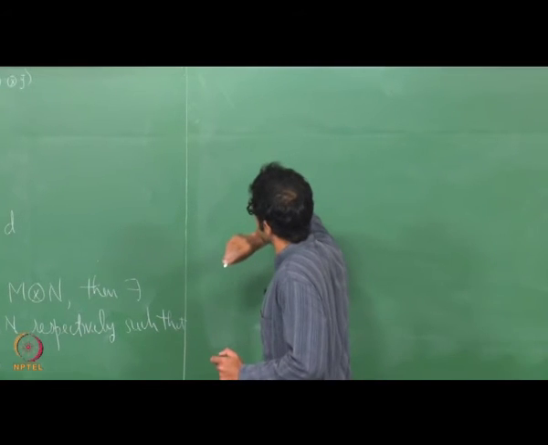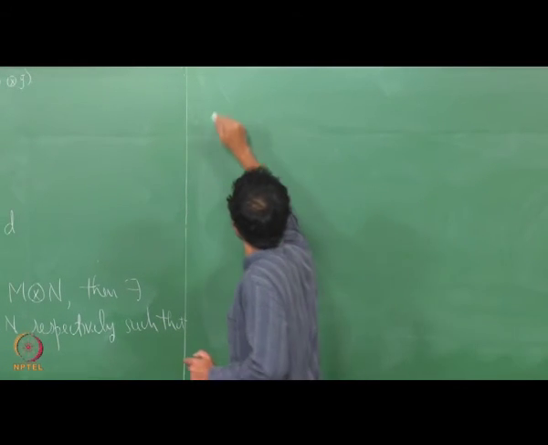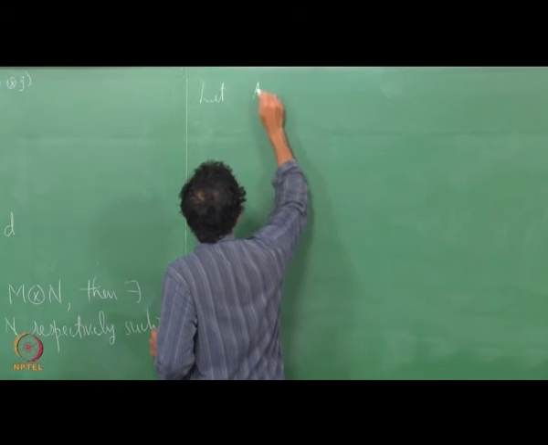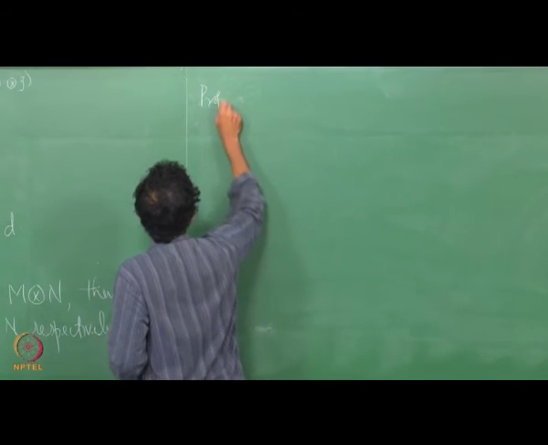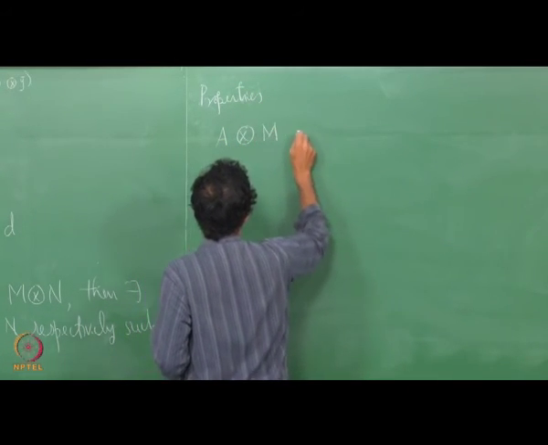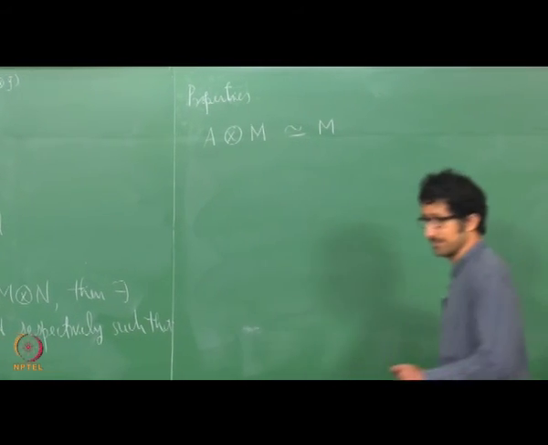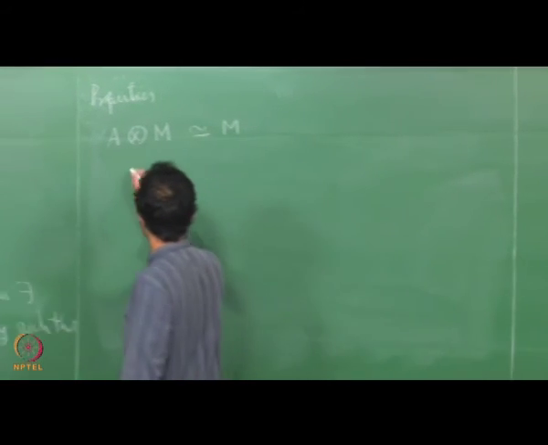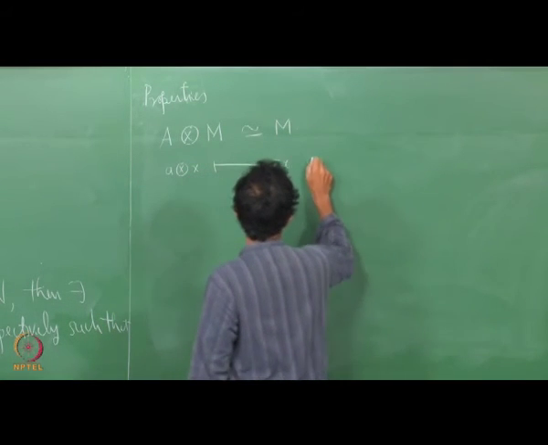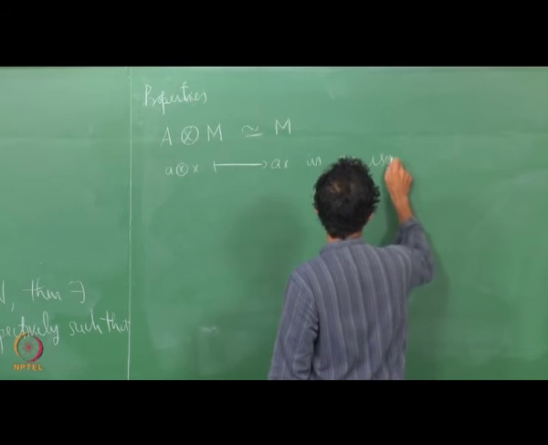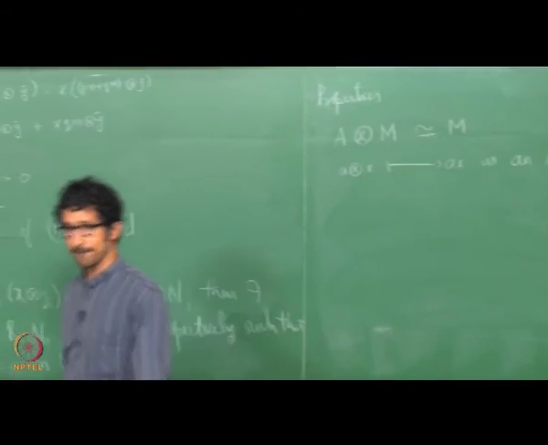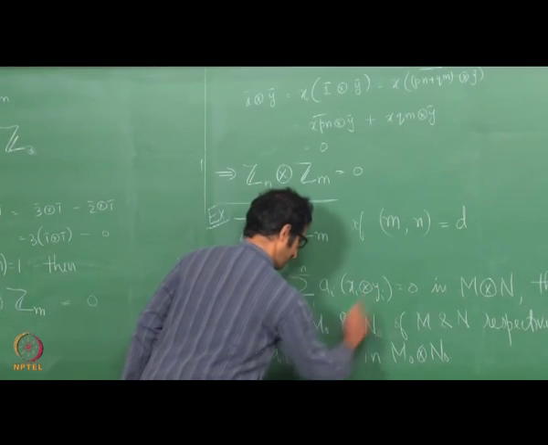Let me write one of the basic properties of the tensor product. Sorry, no, this is 0.